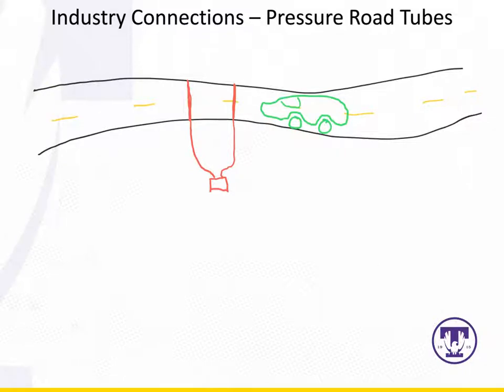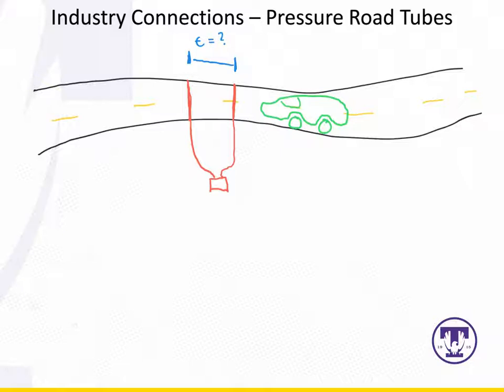When it hits this tube, we begin to count how much time elapses until this tube is hit. So we're trying to measure how much time elapses between here and here. So t equals question mark.